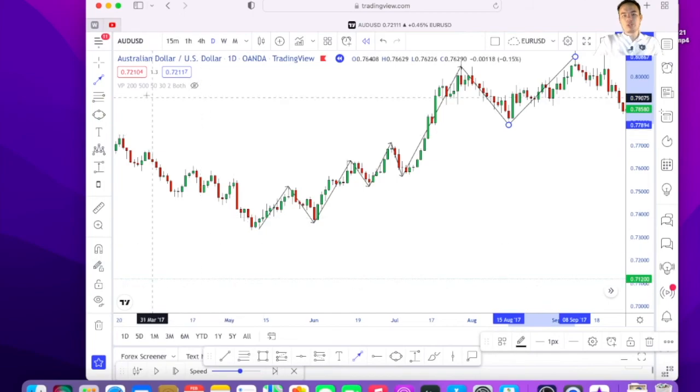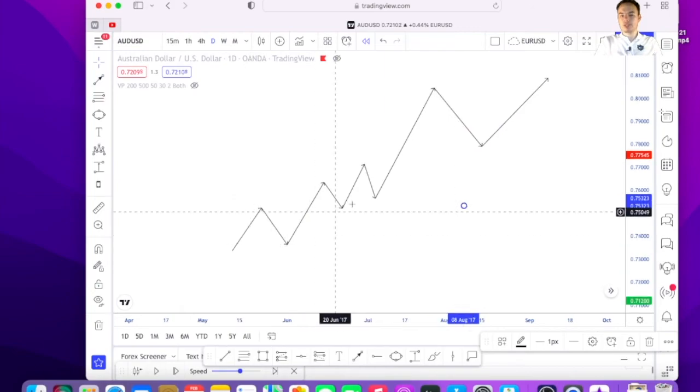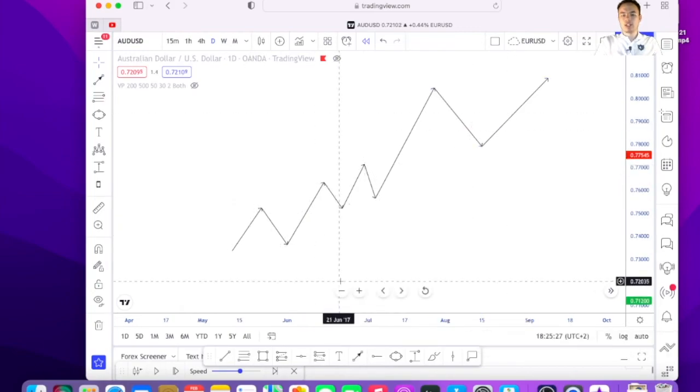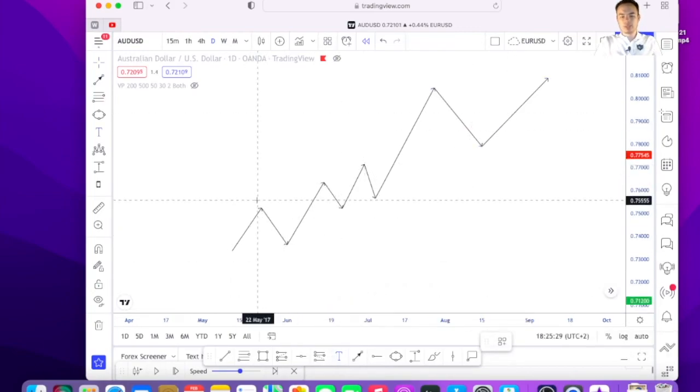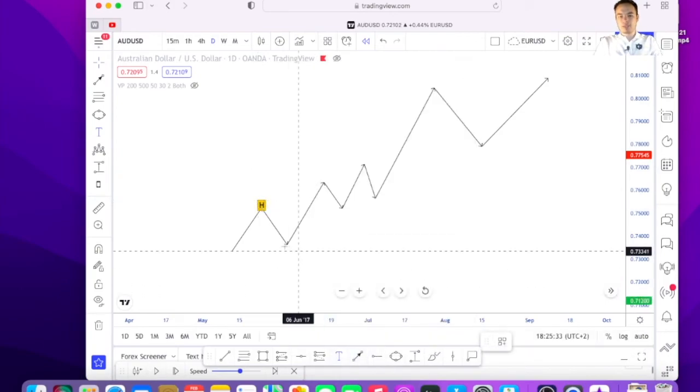Now, here where it shows your pair, you'll see an eye icon. Click it, and price will disappear. So now you can just look at the lines. Let's say we call this a high, this a low.